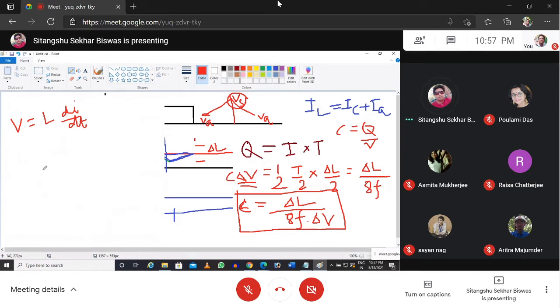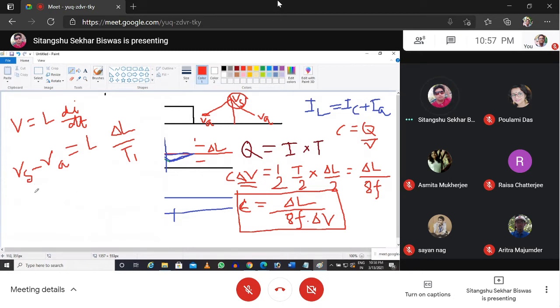Now if I put here, V is Vs minus Vo, the voltage across the inductor when the switch is on, equals L del L by T1, that is T on.